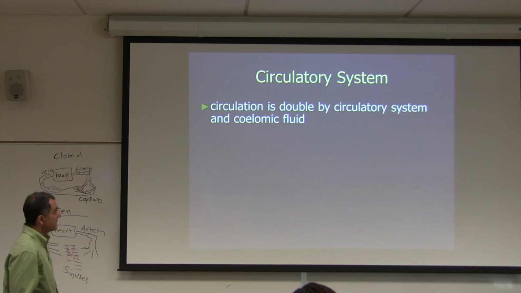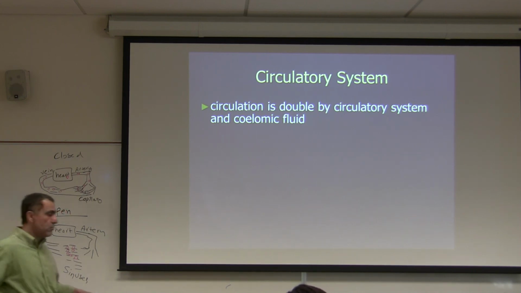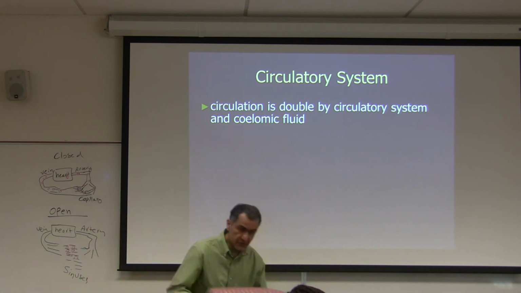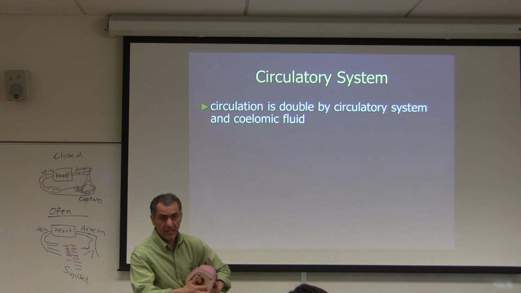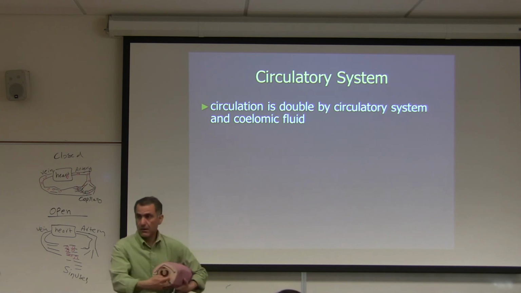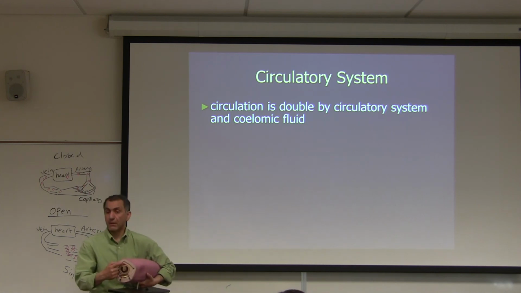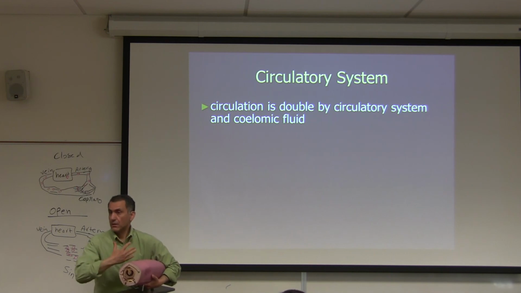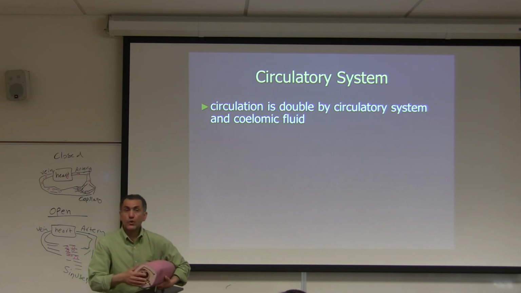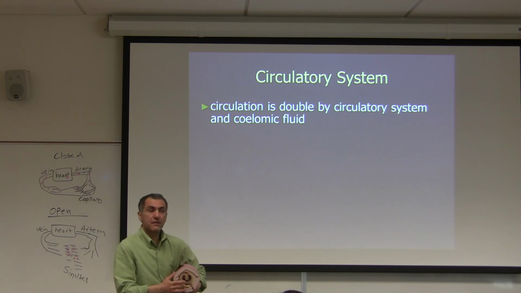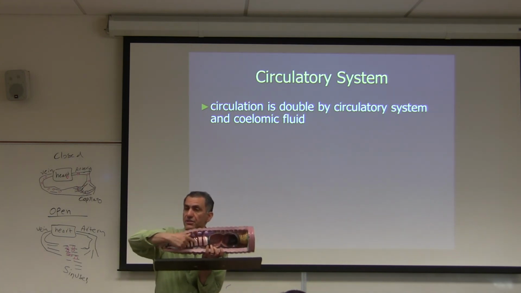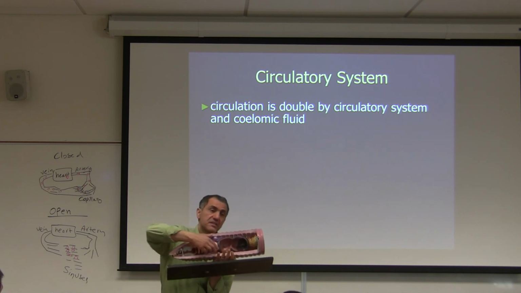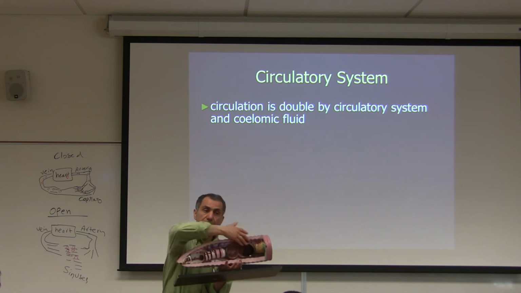Circulatory system: as I said, it's a double circulatory system. What I mean is, when the animal moves by peristalsis, the fluid in the coelomic area, right here, is moving throughout the animal. And also, they have the circulatory system, the heart, which they call aortic arches, which pushes the blood throughout the animal.